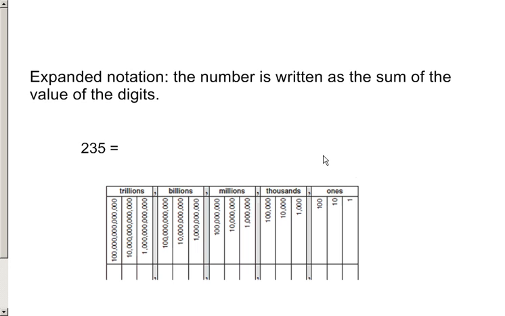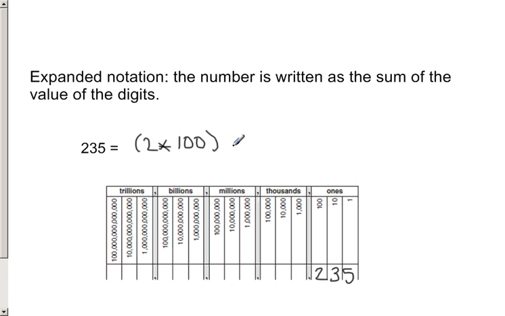If we were going to write this number in our place value chart, we'd have 2, 3, 5. And in expanded notation, each of these digits would be written according to their place value. So the value of the 2 is in the hundreds place. It's going to be written 2 times 100.